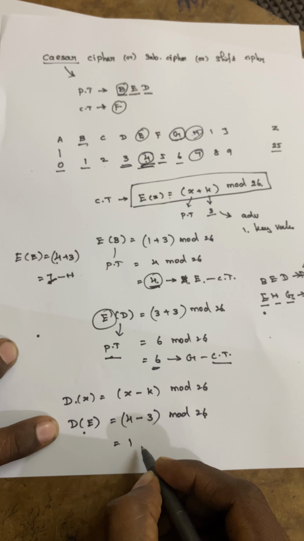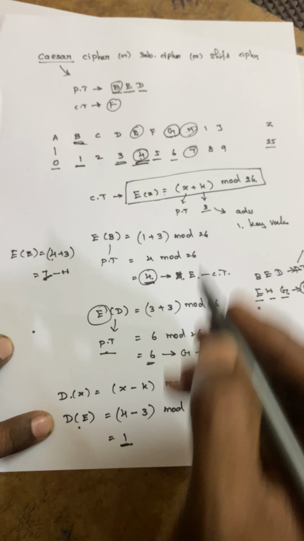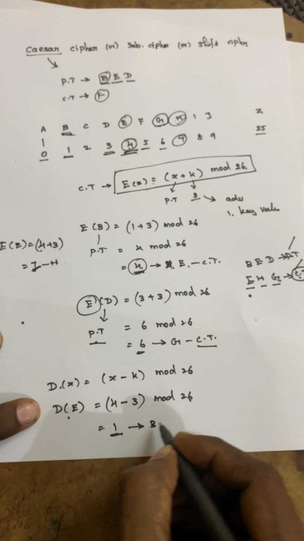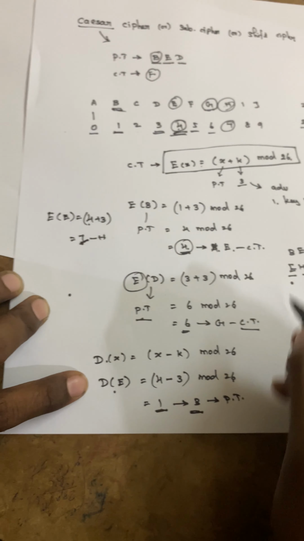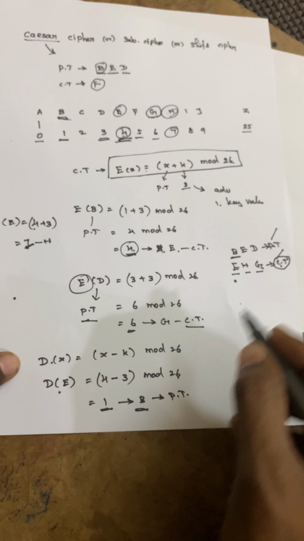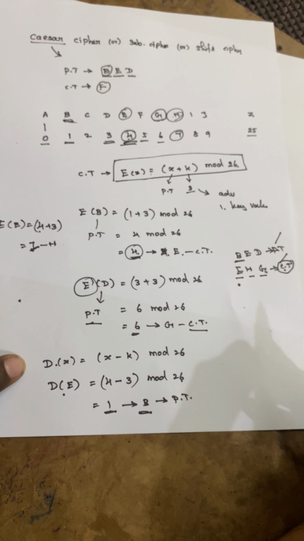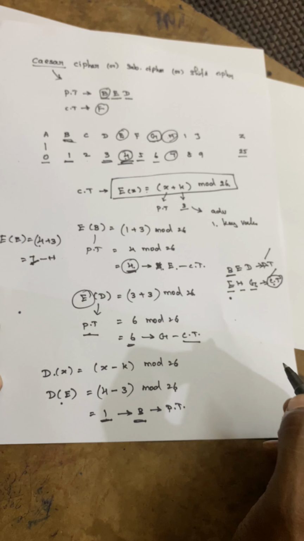We are going to get the value 1. So what is the letter for 1? The letter is B. So again we found the plain text letter. The first letter is B, as it was. If you perform the same operation for the other letters, we will get the same values. So this is the Caesar cipher algorithm.